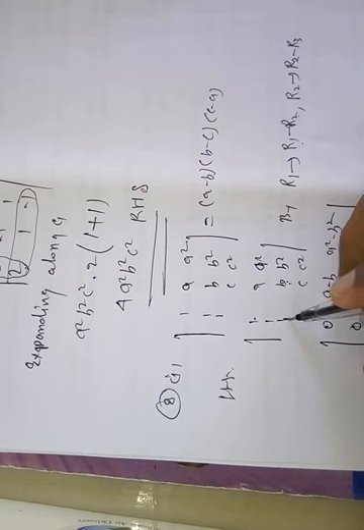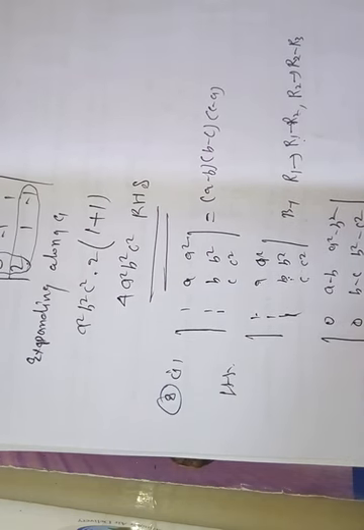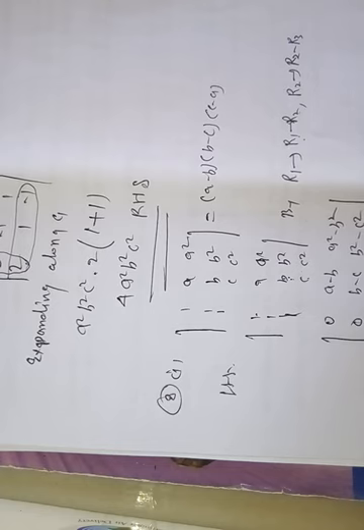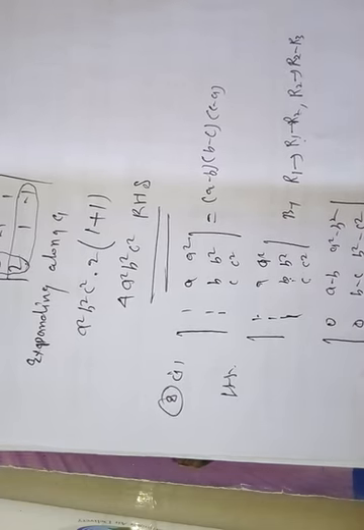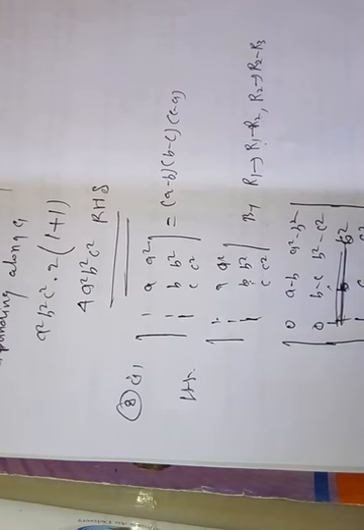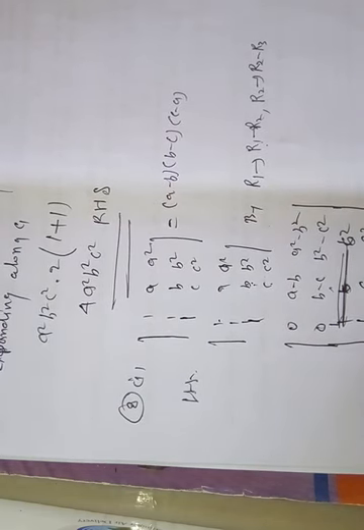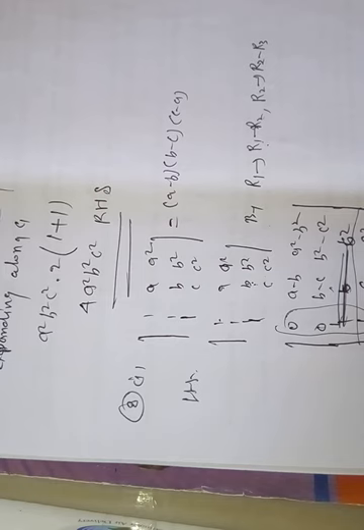Okay, yes, this is c, or c square, it is the same. Expanding along C1, so this column is finished.